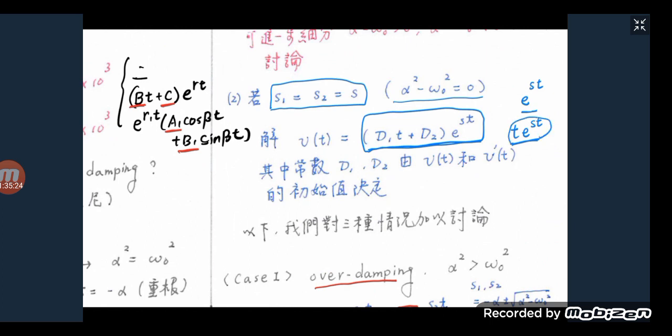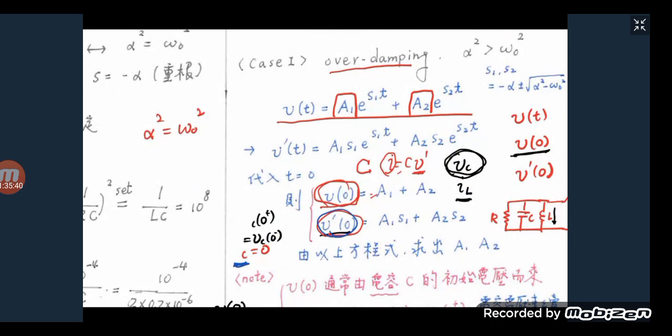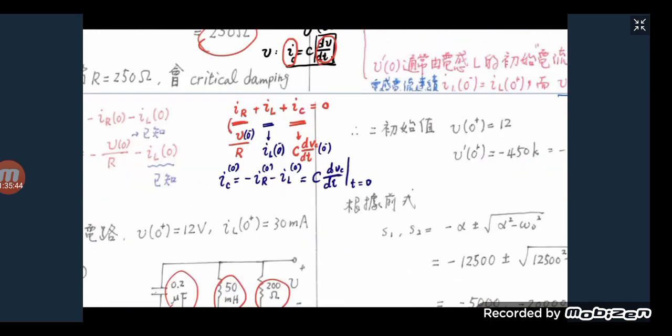And of course, it's independent to the original solution. And we have to combine the two, so we still have two parameters, two constants to determine. And as for the overlapping, so it's case 1, case 2.